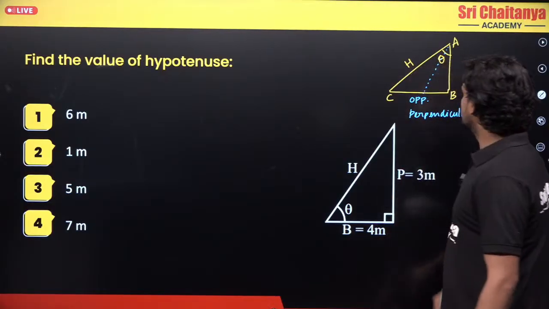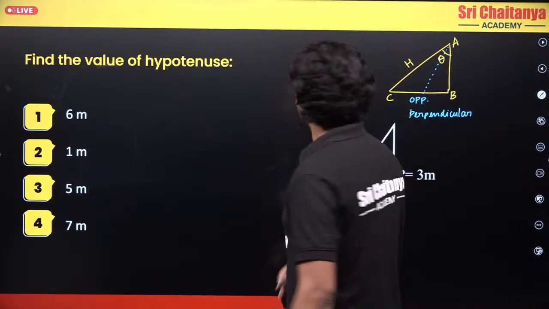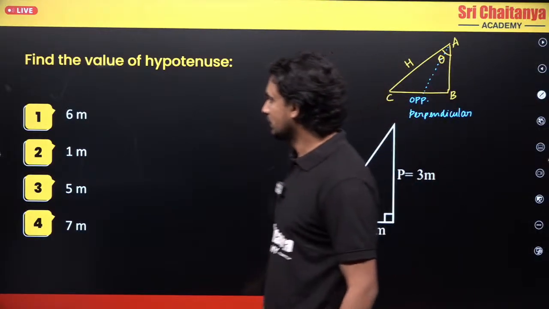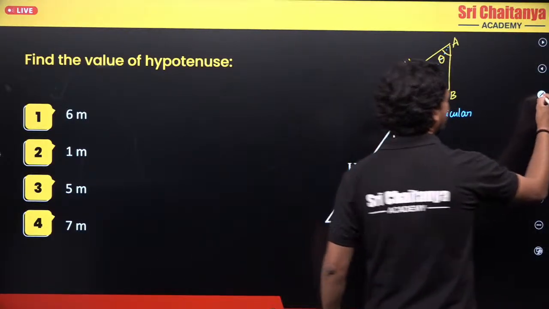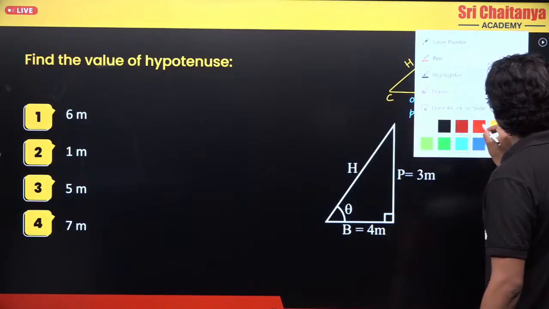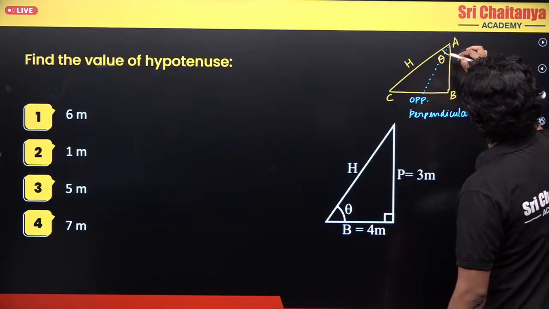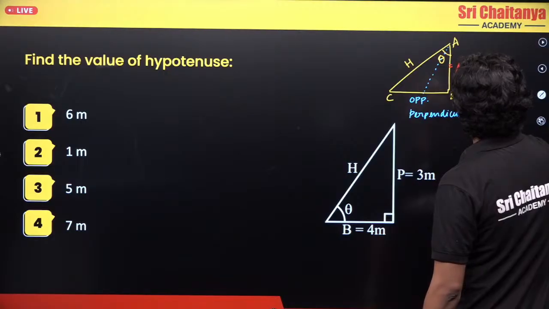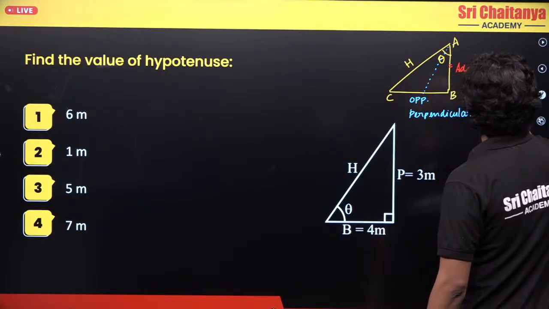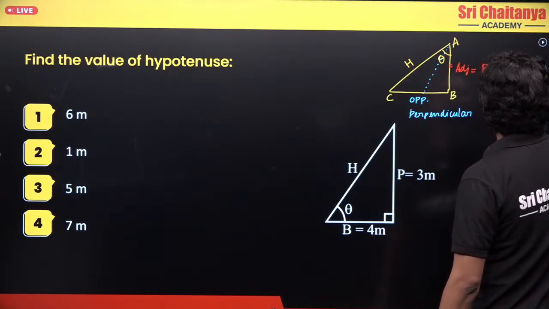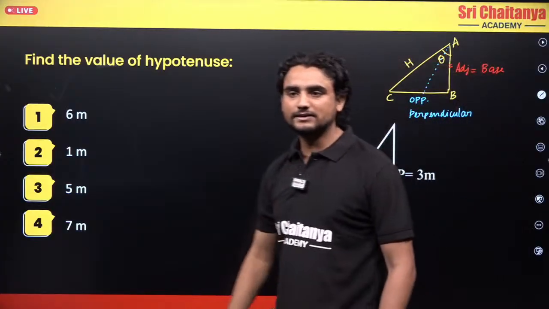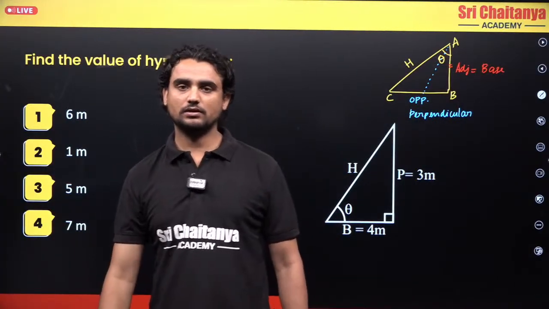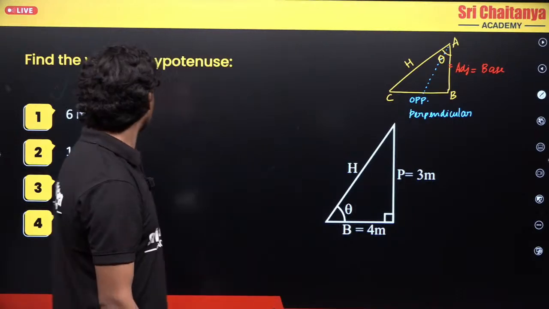You might think that AB should be the perpendicular, but no, here the perpendicular is BC. And the base is the side adjacent to this theta. So please keep this in mind. This concept is very useful because students usually make mistakes in this.